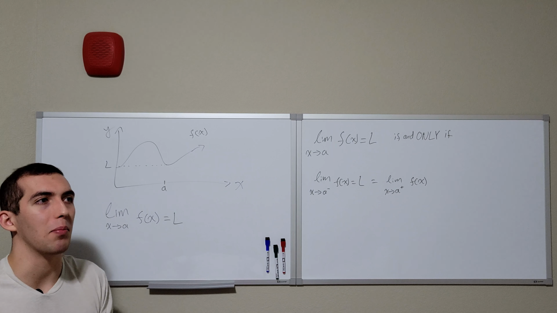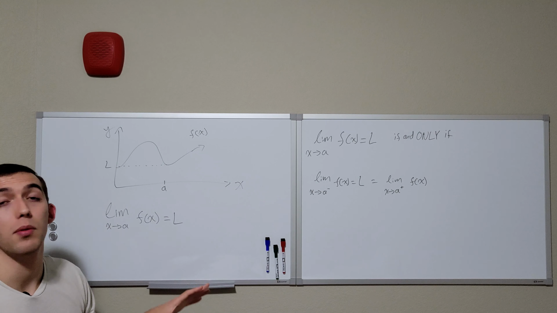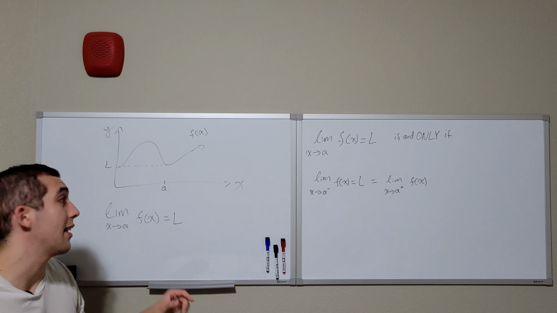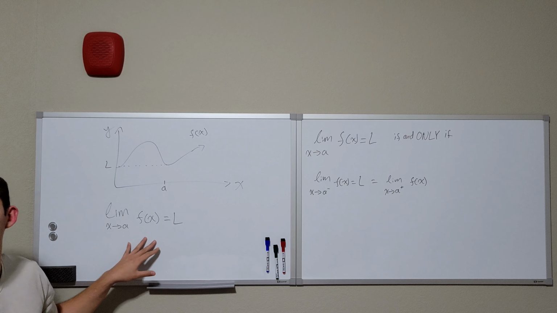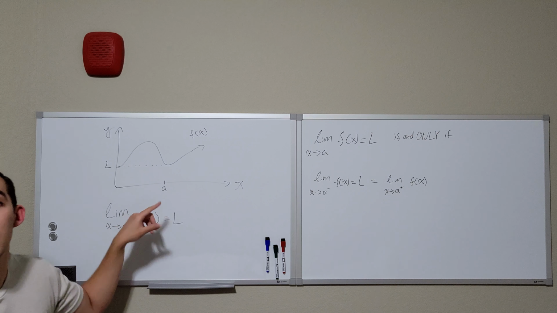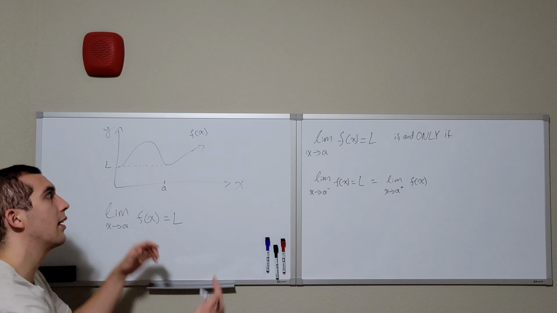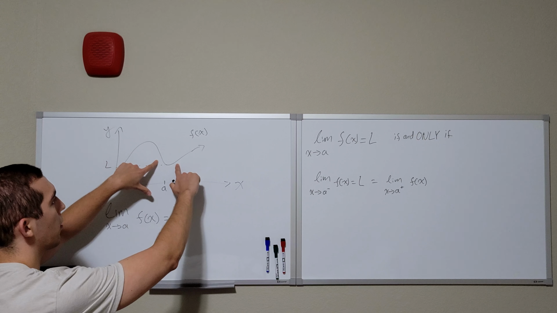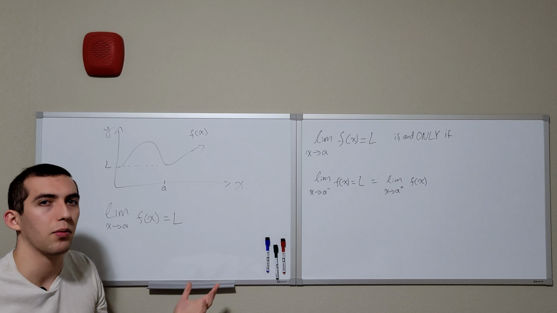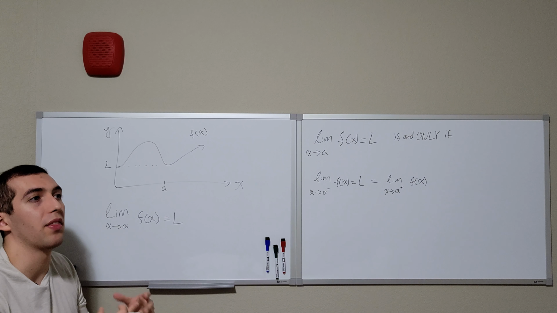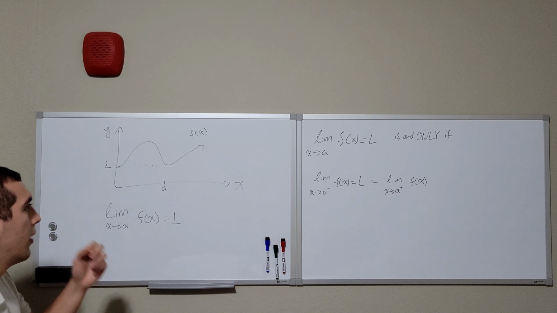Now keep that in the back of your head when we're doing problems. What that means is that a doesn't have to be defined in order for there to be a limit, right? We don't care about what happens at a, we just care what happens around a. So as we approach a, we get really close to a without actually touching a. We just say what we predict it to be or what we think it's going to hit, right?